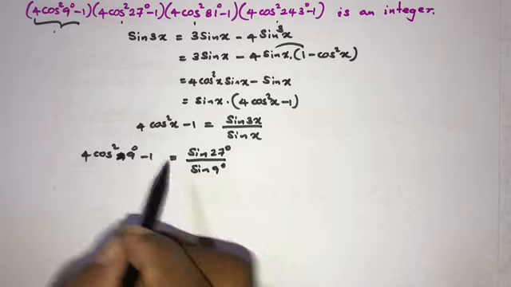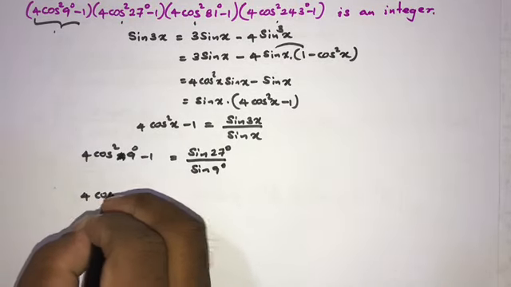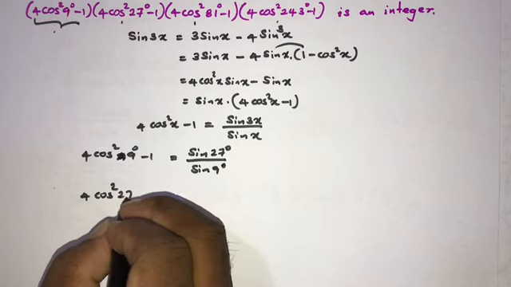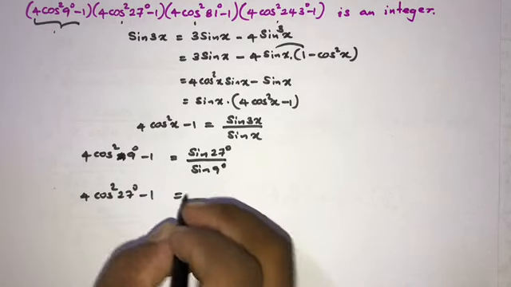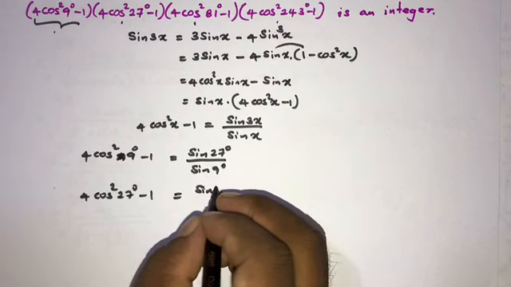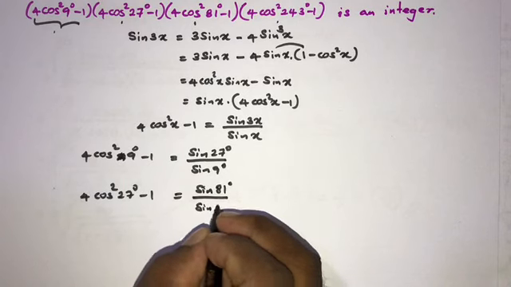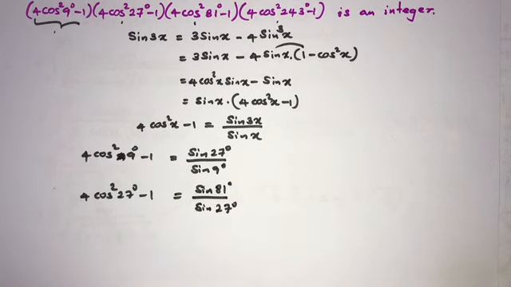Then if we plug in 27, we can write 4 times cosine square of 27 degrees minus 1 is equal to sine of 27 times 3, so 81, over sine of 27.